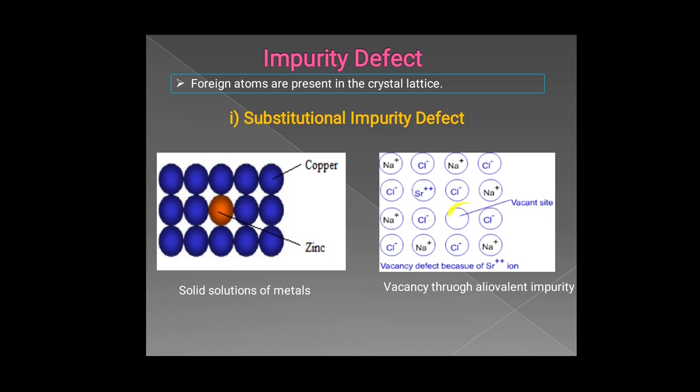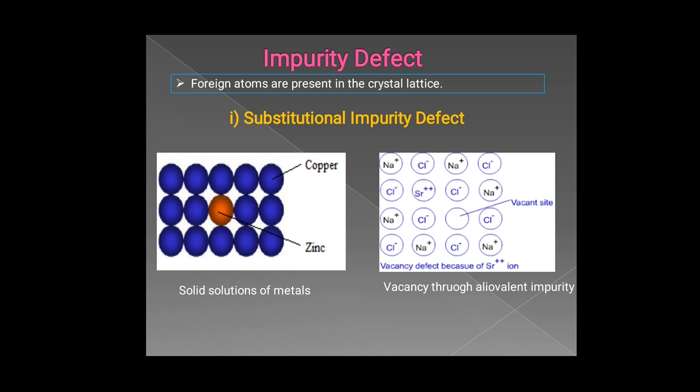Now if you see here, as this one place is empty and that is of a cation, the crystal has to maintain its neutral character, it cannot get any positive charge or any negative charge as a whole. So to maintain the neutrality of the crystal, if one positive charge is lacking here, another impurity will be present over here with an extra positive charge, that is Sr2 plus.